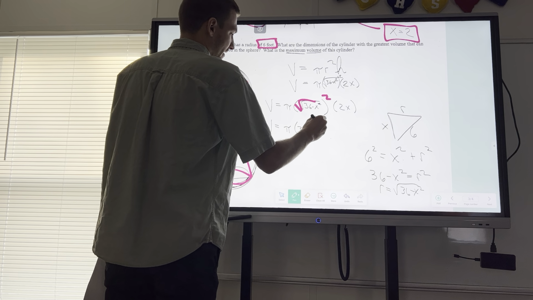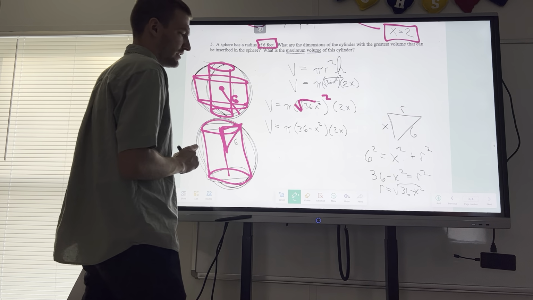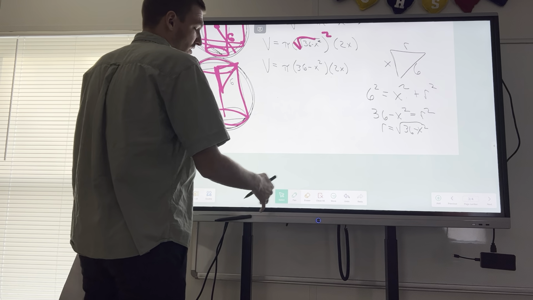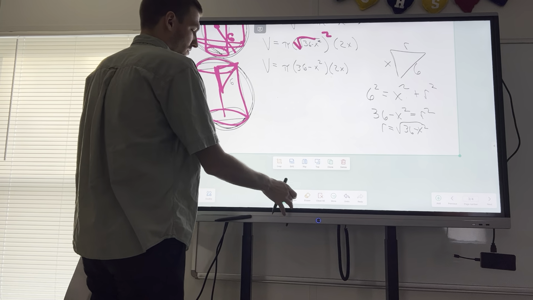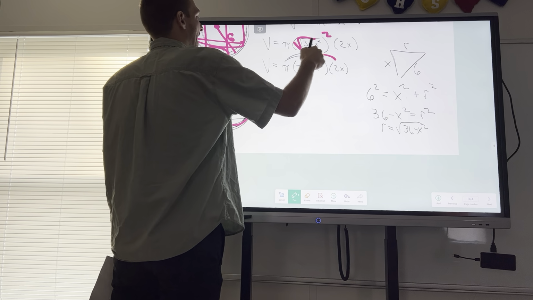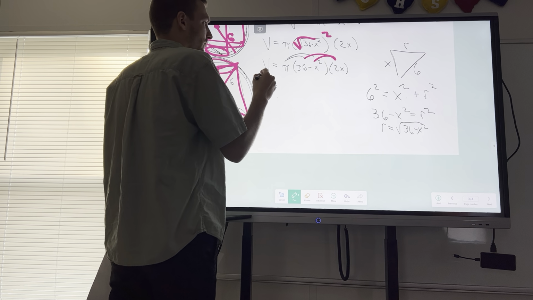So it's pi times 36 minus x squared times 2x. I don't need to FOIL anything. I just need to distribute. I need to distribute pi and distribute a 2x. I want to be done with this question, so we're going to do it in one step.